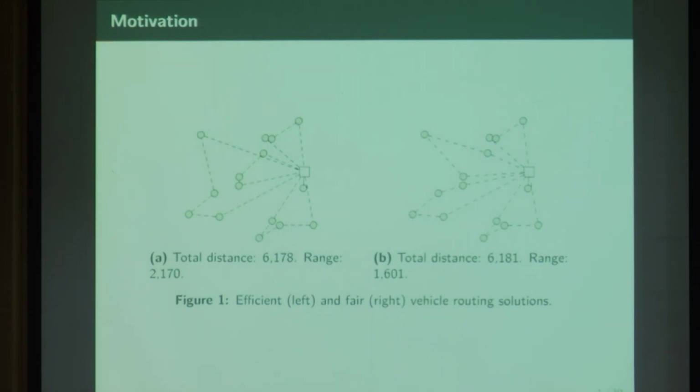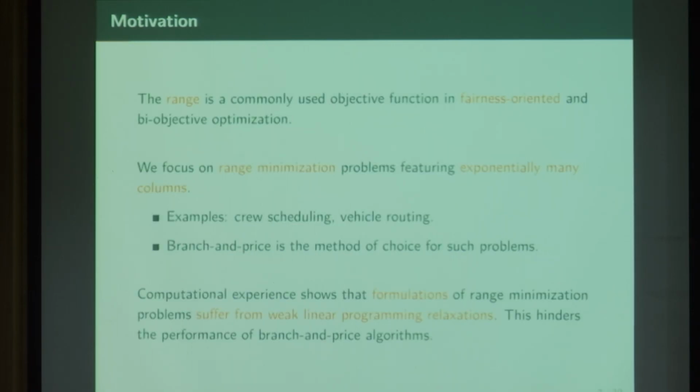So the motivation is that the range is a commonly used objective function for fairness-oriented problems. You can think of this as a bi-objective optimization problem, in which you look at the efficiency component and the fairness component.